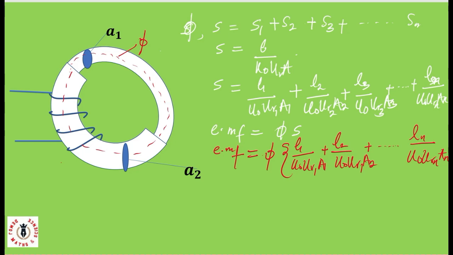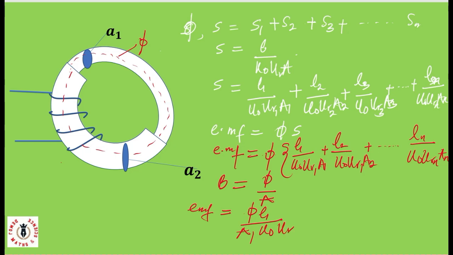Let's remember that our magnetic flux density B from our last lesson is given as phi over area A. Now that means my m.m.f equals, I want to open this bracket and multiply through by phi: phi L1, and I want to bring A close here. This will be my A1. I'm only rearranging. I've not changed the equation.